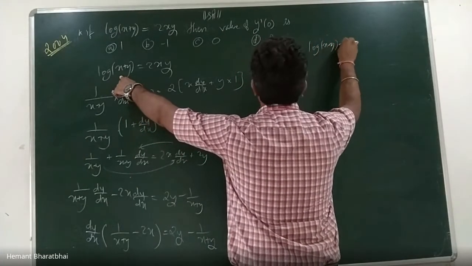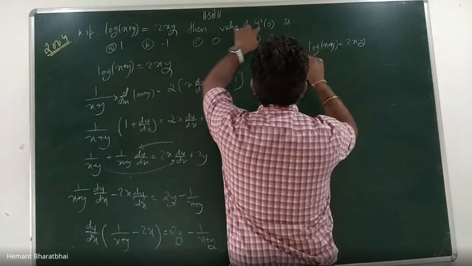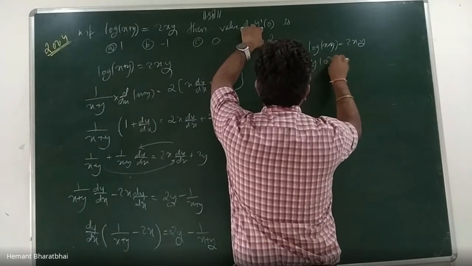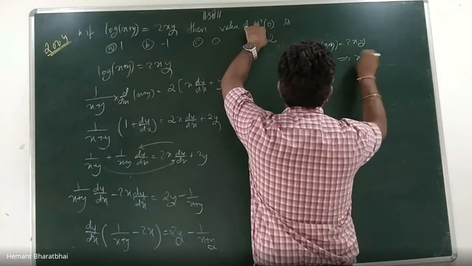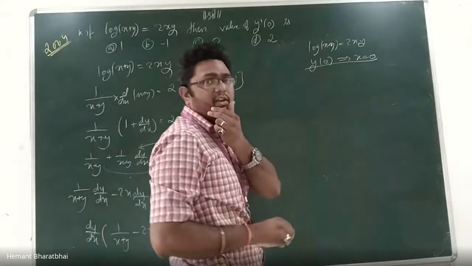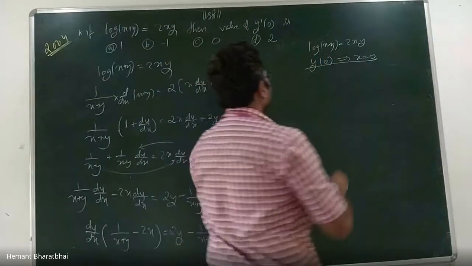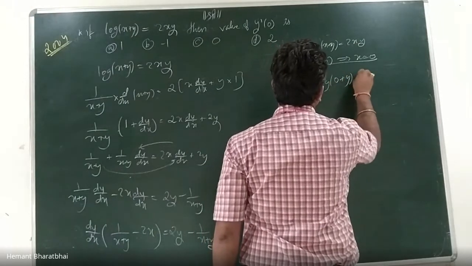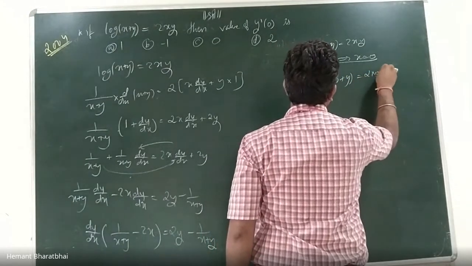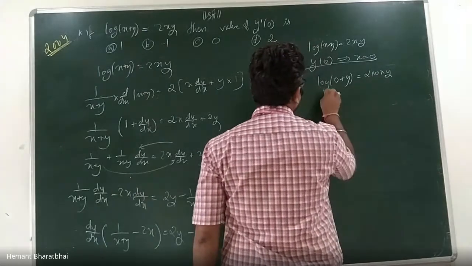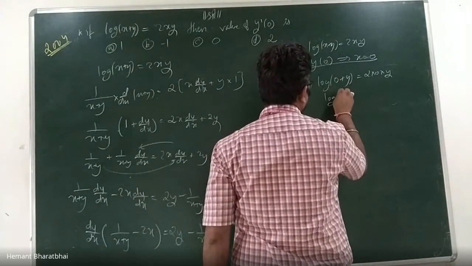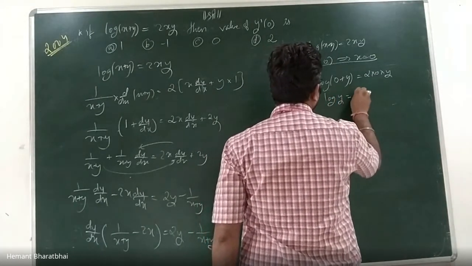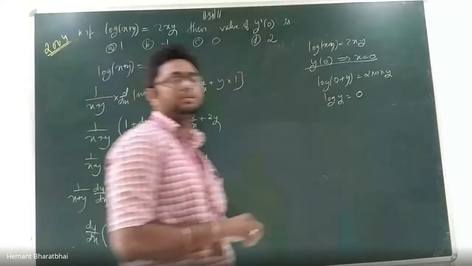Log of x plus y is equals to 2xy. Now y of 0 implies that x is equals to 0. So if I put x is equals to 0 over here, I get log of 0 plus y is equals to 2 into 0 into y. Therefore, I will get 0 plus y as y. So log of y is equals to 0, since 2 into 0 is 0.